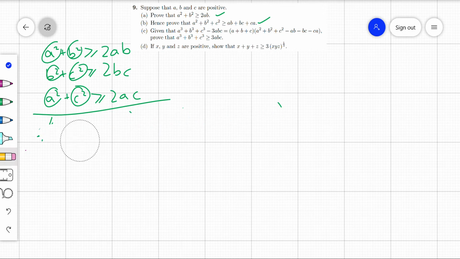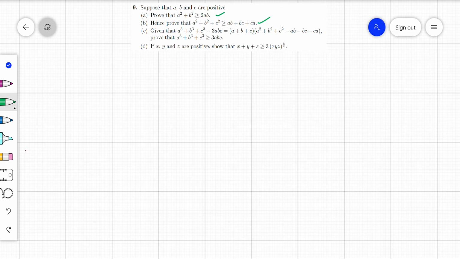So let's have a look at part c then. Given that, now we're given something which is an equal sign, and we're going to prove an inequality. So we could start with our part b, because if we put it all on one side, we do have a squared plus b squared plus c squared minus ab, bc and ac being greater or equal to 0.